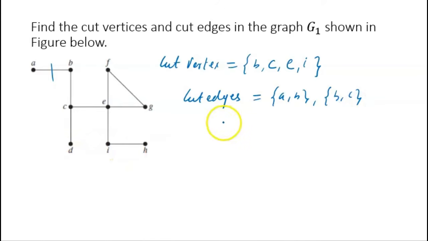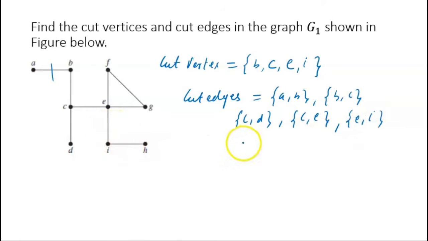What about CD? CD will also be a cut edge, because if you remove the edge CD, the vertex D will become disconnected. What about CE? CE is obviously a cut edge, because you will get two different components. EI will also be a cut edge, because if you remove EI, it will become disconnected.